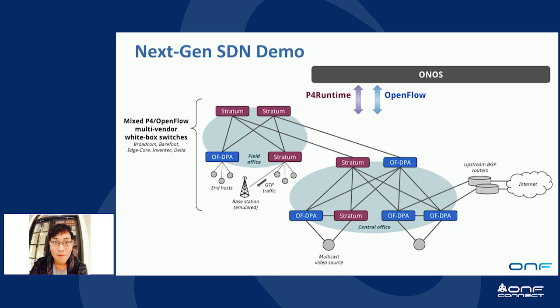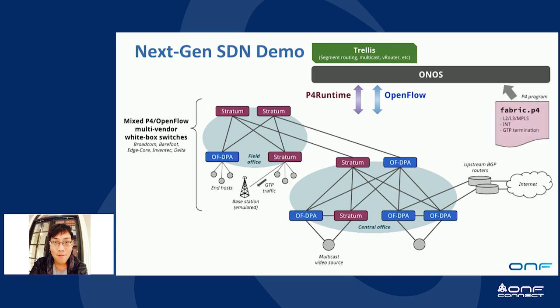So ONOS can speak P4Runtime with the Stratum switches, and at the same time, speak OpenFlow with the OFDPA switches. On ONOS, we have a set of applications running. We have Trellis, which is SR routing, Multicast, vRouter, etc. It's a very long list of applications.